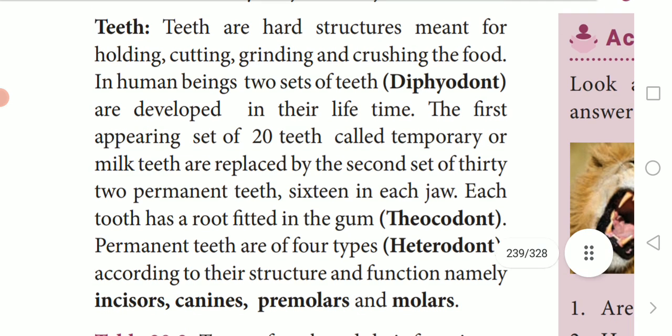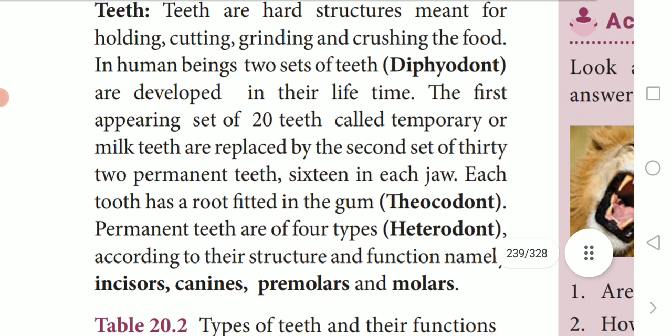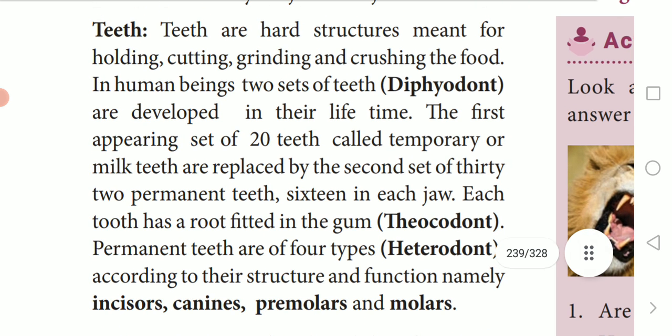In human beings, two sets of teeth are there. That is diphyodont. Di means two, phyodont means set of teeth. Two sets of teeth develop in their lifetime.